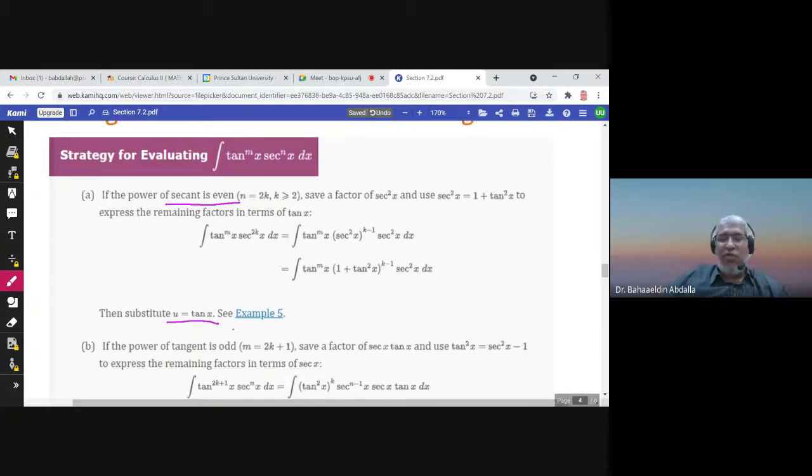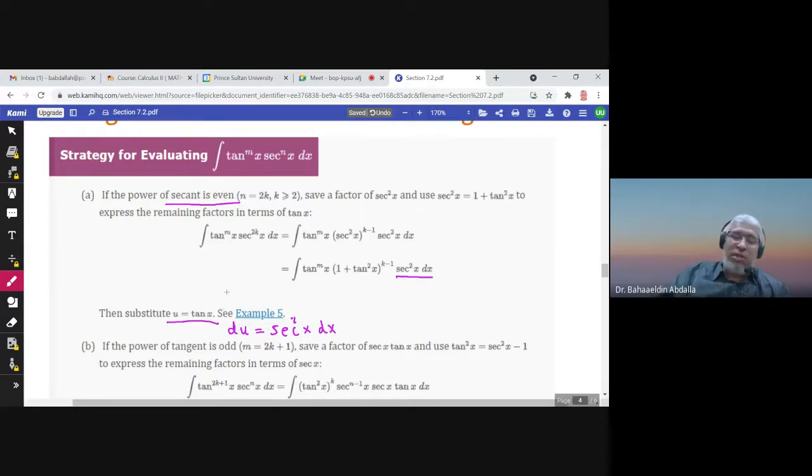And then du would be the derivative of tan, secant square x dx. So I need secant square beside the dx, and everything else should be in terms of tan. So I take tan equals u.